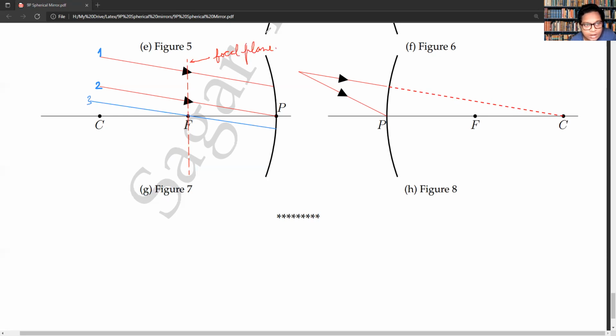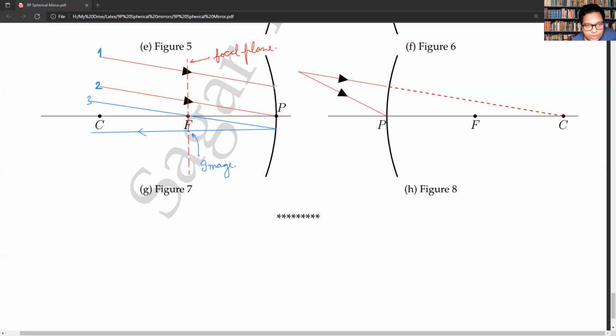Now look at the third ray, everyone. The third ray is the one which is passing through the focus. So we know that it will go parallel to the principal axis. Now this ray meets the focal plane over here. So that is where the image will be formed. Is this clear so far?